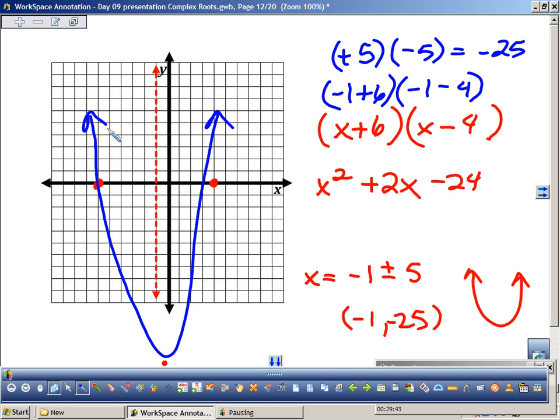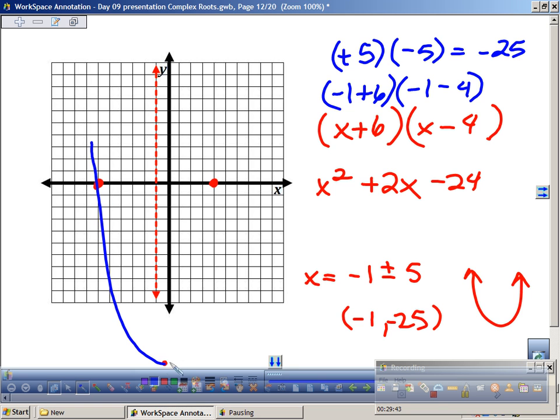All I did was go off of things that I know about the graph. You guys like that? I did what we traditionally do. If we want to find the vertex, we put in our axis of symmetry, and our axis of symmetry is negative 1 to find your vertex, to find the y. It works. Yes.